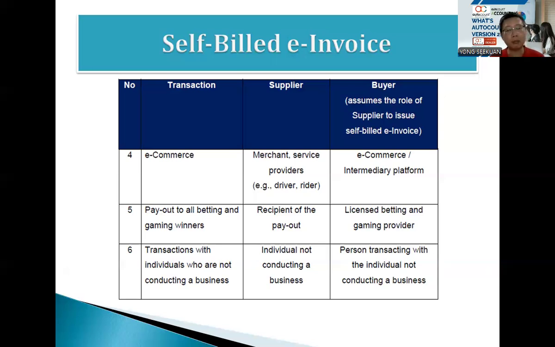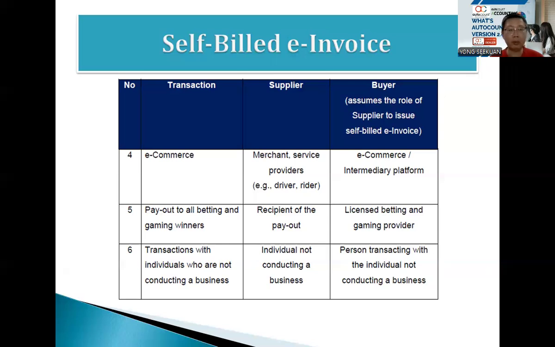Most of our customers ask about number six: transactions with individuals who are not conducting business. It means the person providing the service or product has no company to issue an invoice. For example, your property owner rents the office or house to your company.